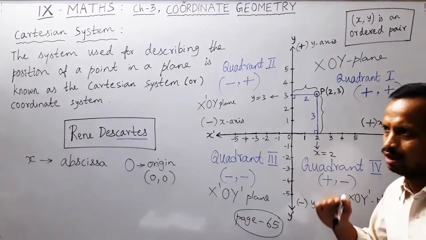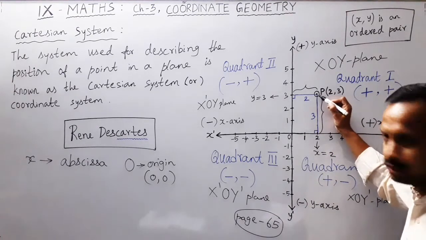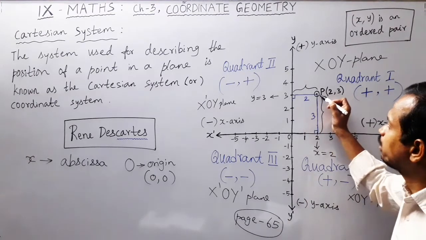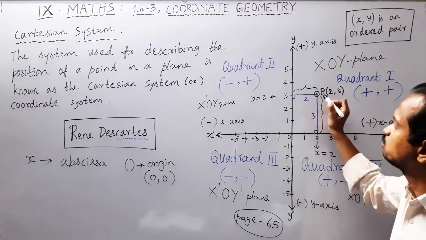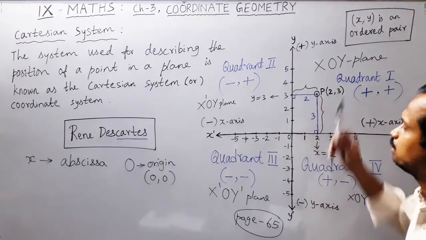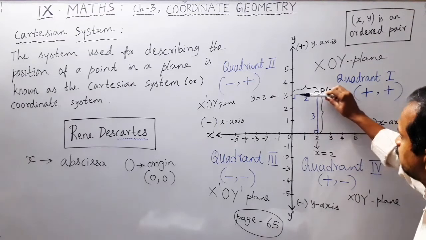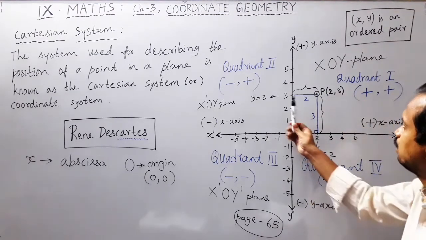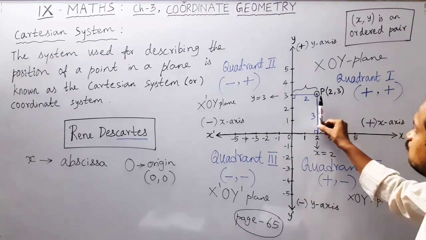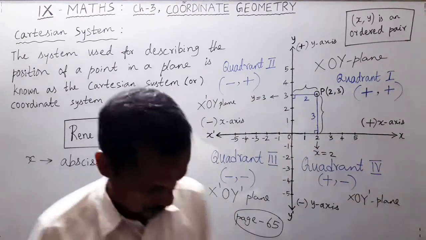They are explaining how we get the x-coordinate and y-coordinate. For this point P, the distance of the point from the y-axis gives the x-coordinate, and from the x-axis to that point gives the y-coordinate. This 3 gives the y-coordinate.